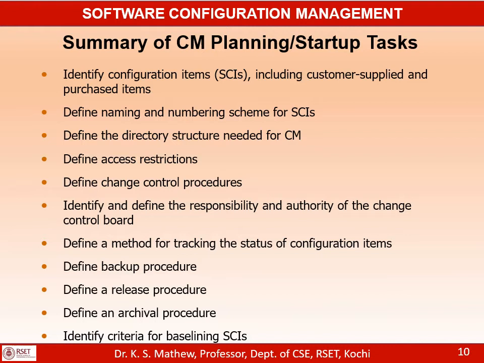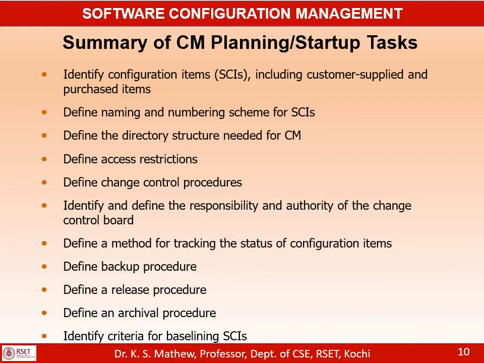That also has to be identified as a configuration item. So you may get different versions of work product from different suppliers, contractors and the customers also. So you need to have proper control on maintaining these versions of customer supplied and third party supplied components properly.